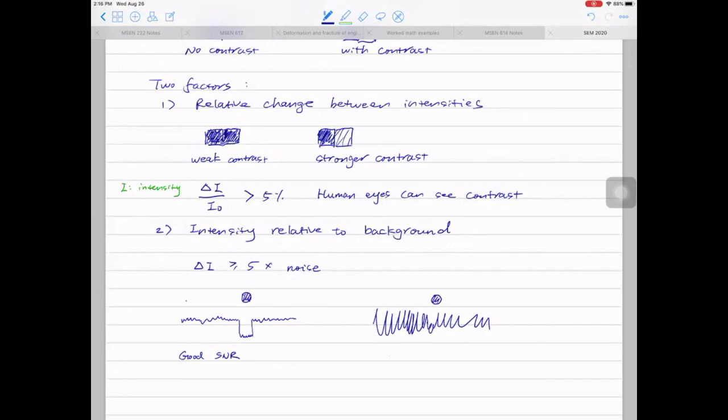So this is bad signal to noise ratio. To have decent contrast, you need to improve the signal to noise ratio. Any questions about contrast?